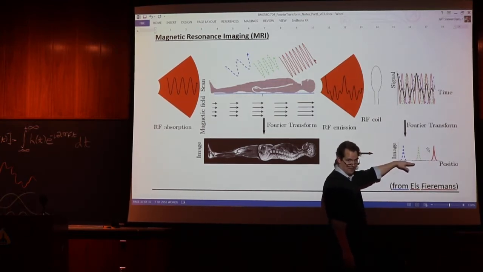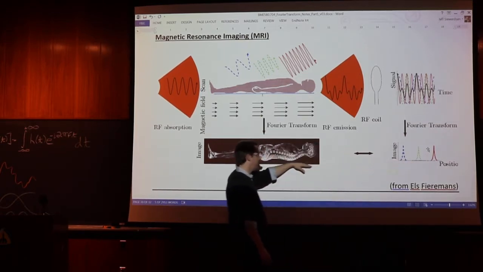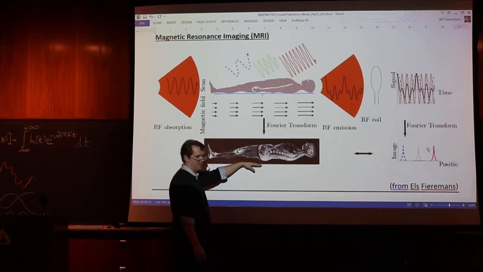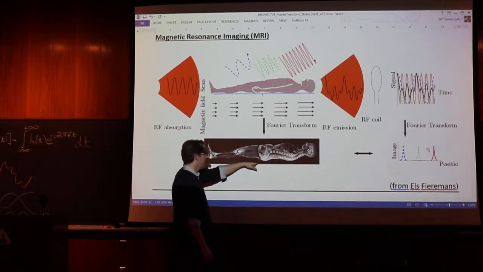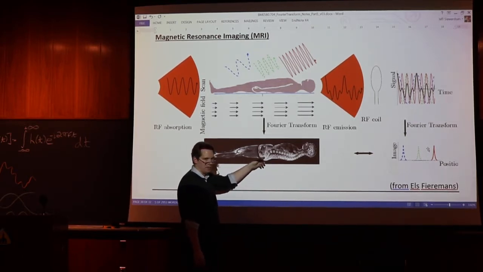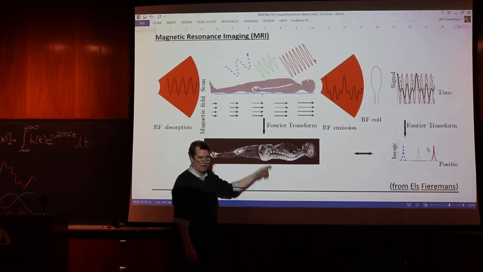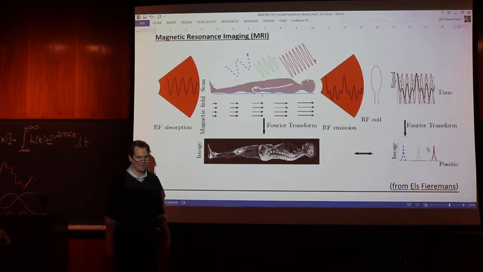This is my signal in an MRI, from which I reconstruct by inverse Fourier transform, right? Some measurement of the relaxation time in your body. And the map of that relaxation time in your body is what we call the MR image. Oh, isn't that amazing?